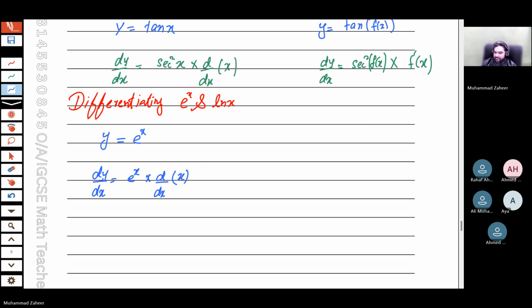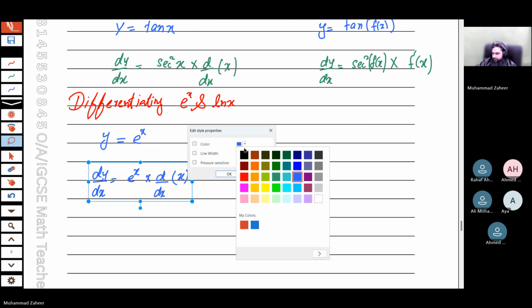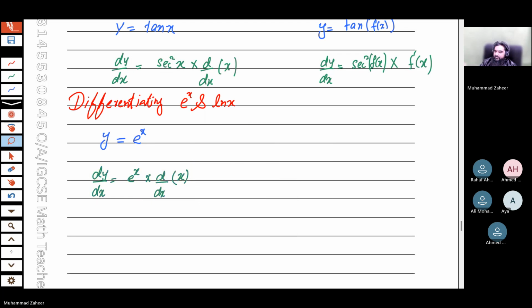For example, if y is equal to e raised to the power ax plus b, the standard form, then dy by dx is the exponential as it is, multiplied by the derivative of the power. Is it clear?